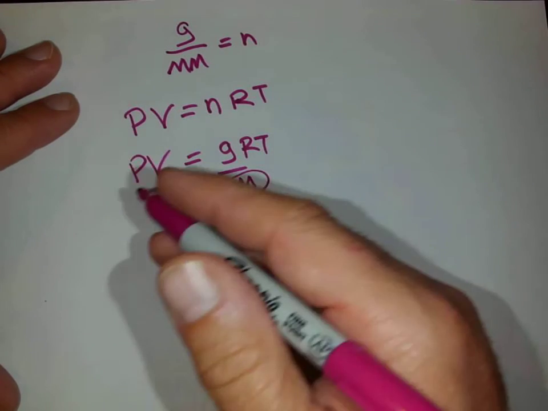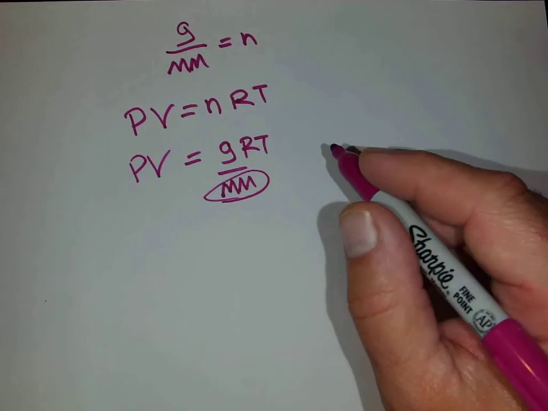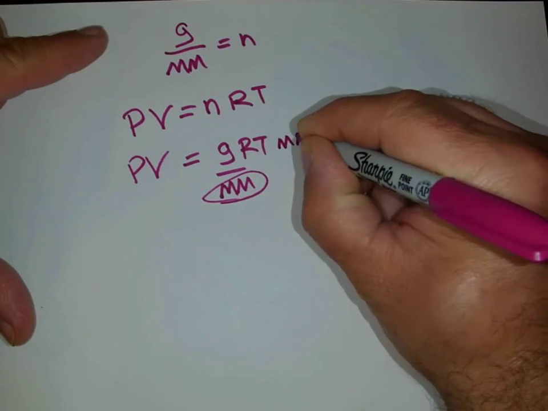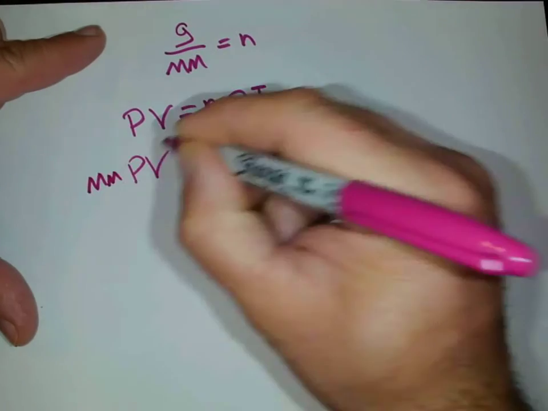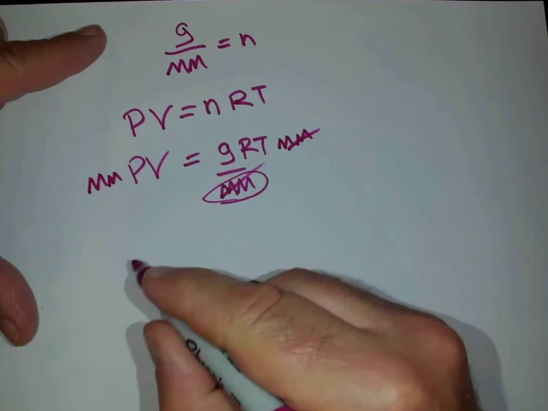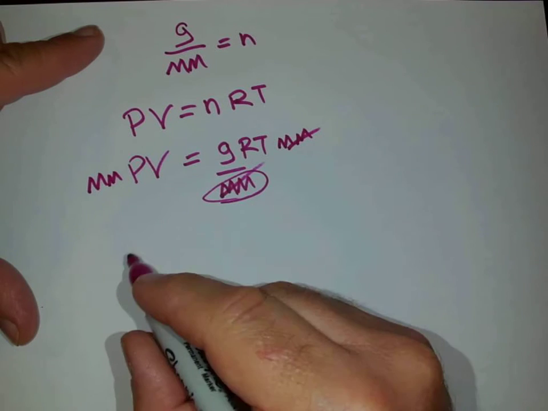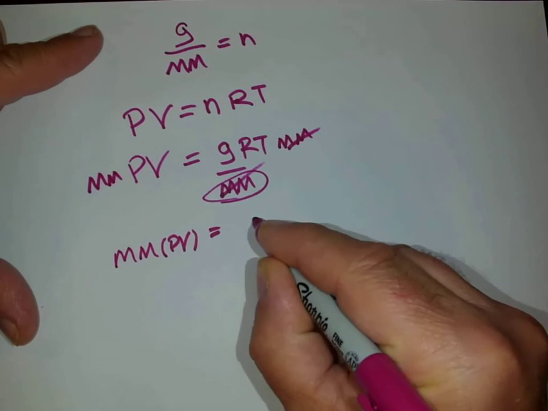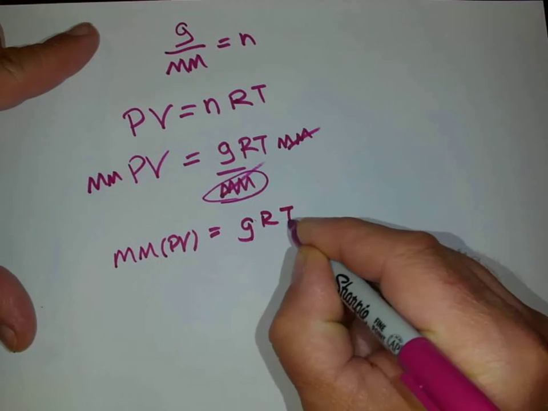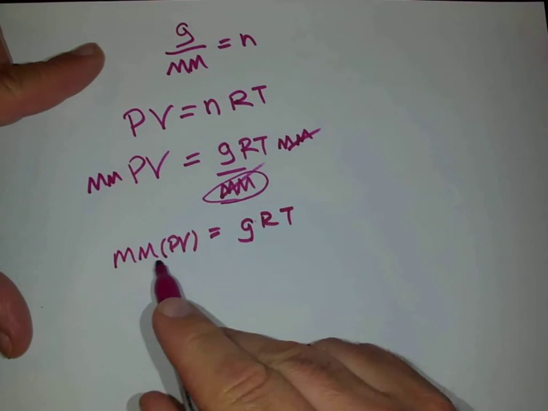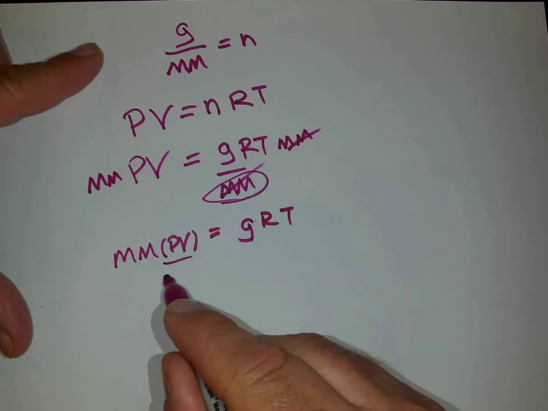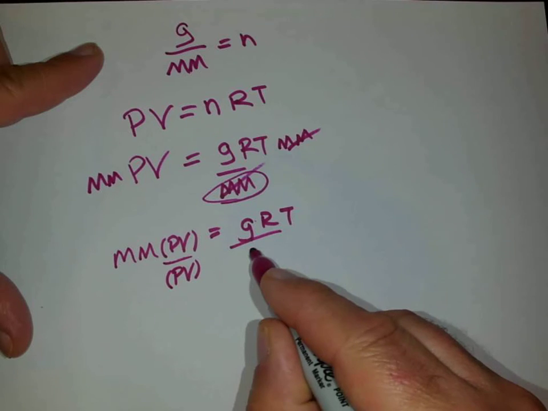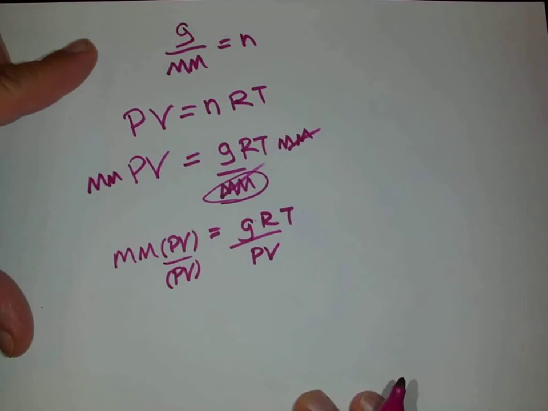Okay, if we multiply both sides by mm, which is the molar mass again, it leaves mm times PV equals gRT. Well, again, we have to get rid of PV, so we divide both sides by PV.